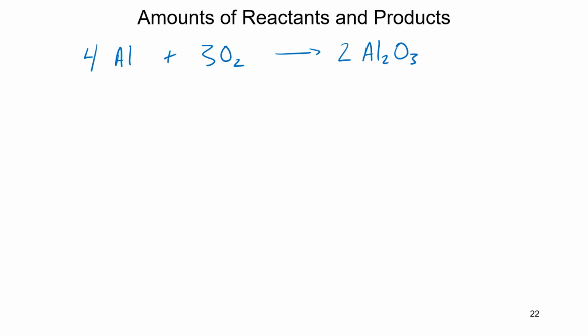If we look at a problem like this, what we're gonna be asked perhaps is, let's say that we know that we have 12.4 grams of aluminum, and we want to know how many grams of aluminum oxide we're going to make.